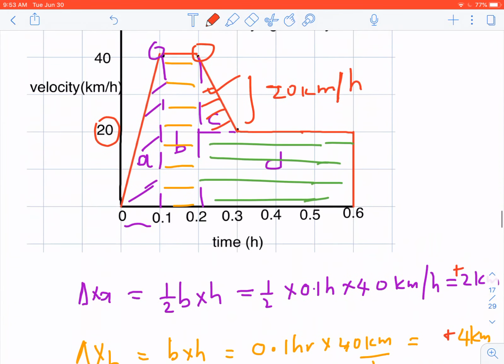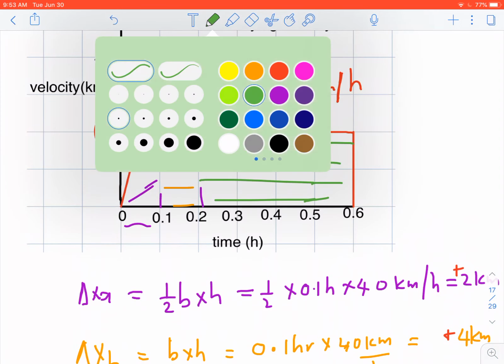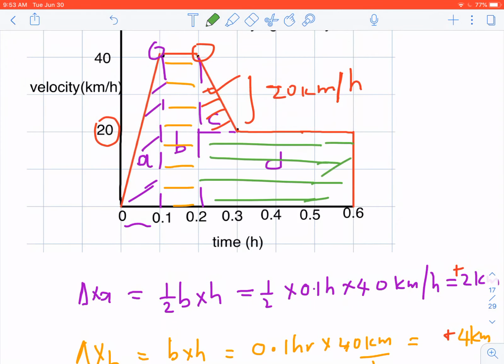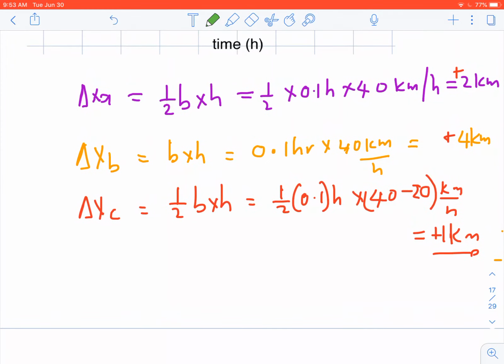And then we go to the last one, and that one we want to know this area, which should be fairly easy.